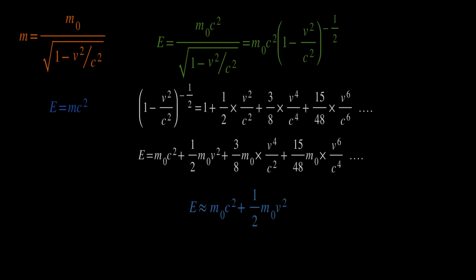And so we can say that the energy is approximately equal to the rest mass of some body times the square of the speed of light plus a half the rest mass of that body times its speed squared.